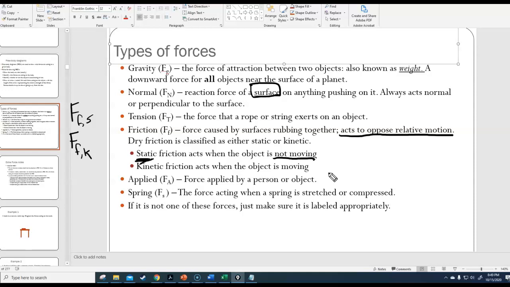The force that's opposing my push is static friction. Let's say I really dig deep and push really hard and the box just starts to move. As soon as it's moving, that's kinetic friction. Kinetic means motion. You have kinetic friction acting whenever the object is moving.